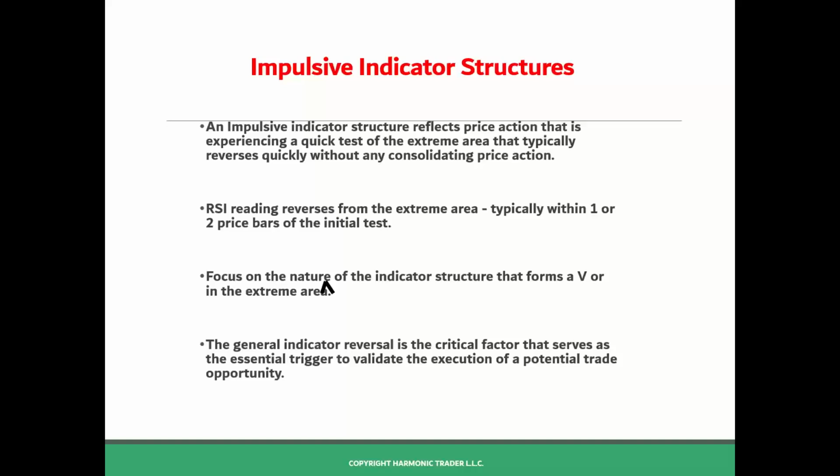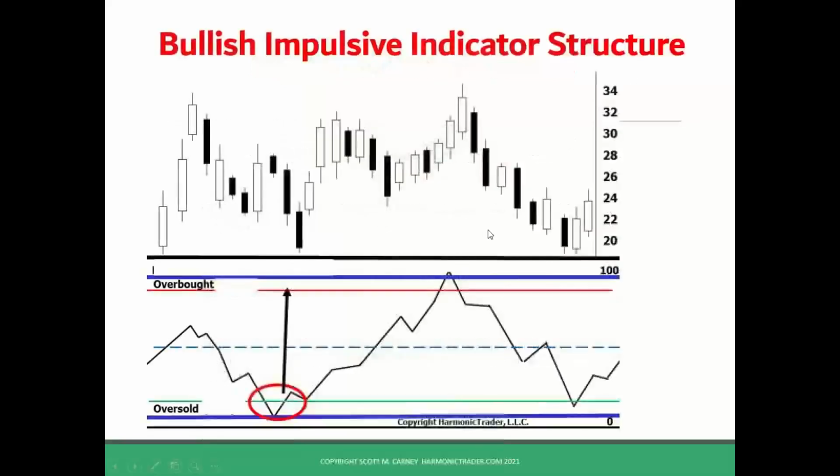And they were giving us a V or an N formation. I think that's off a little bit. But the general indicator, just the fact that you hit an indicator extreme at that level, at a pattern level, is really what sets it off different from anything else.